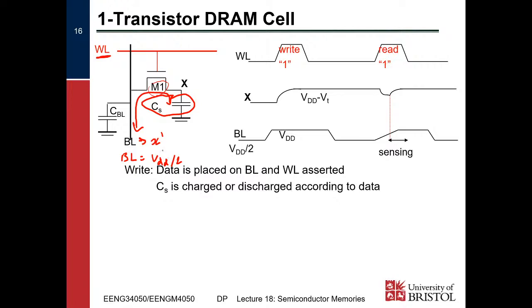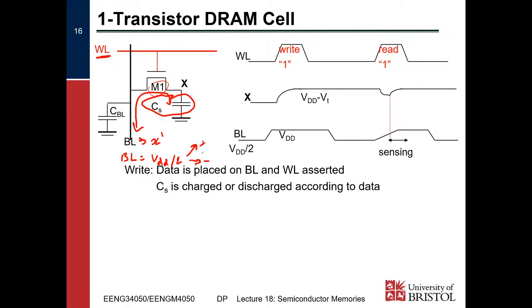So we set bit line to VDD by 2, right? And then we enable M1, bearing in mind this is just a stored charge. We're not constantly providing current, we've just stored VDD by 2 on bit line. We enable M1, and then we see whether this goes up or down, right?